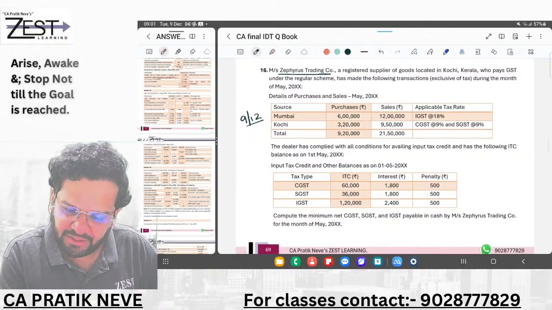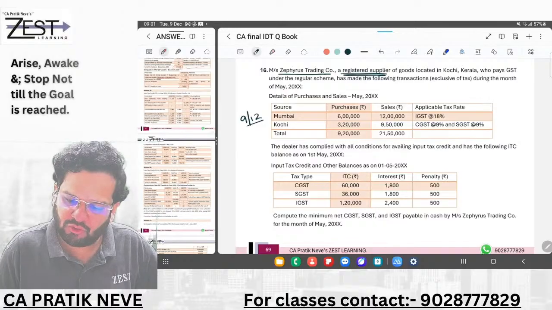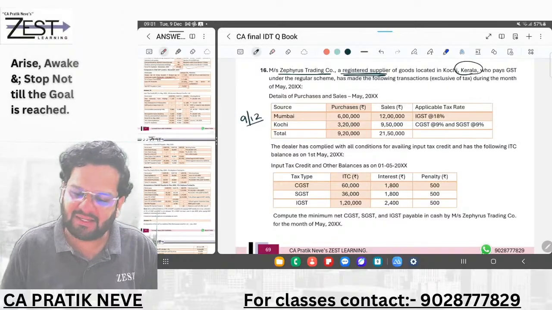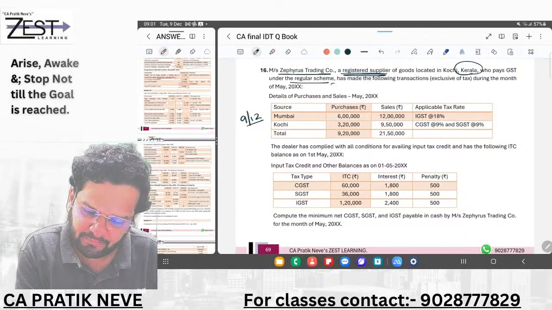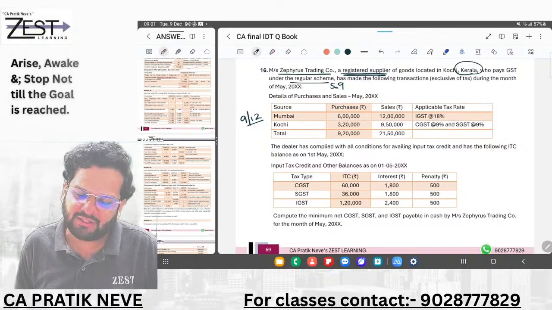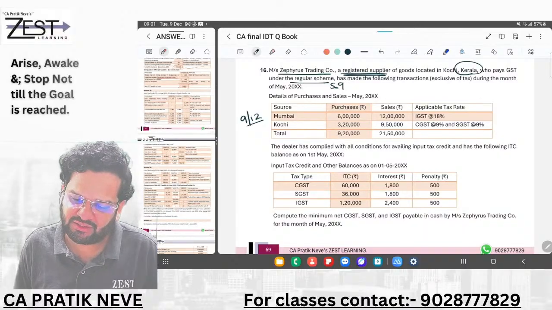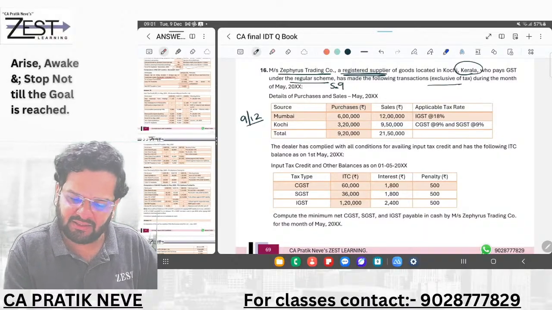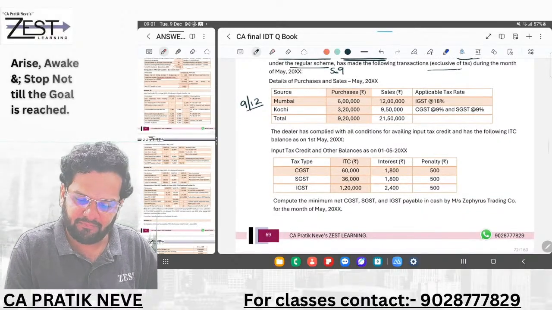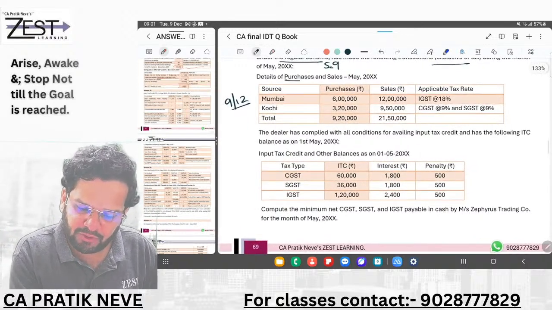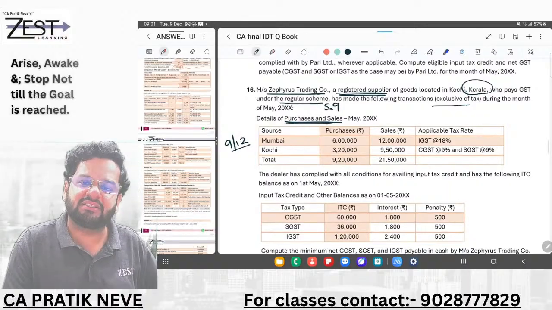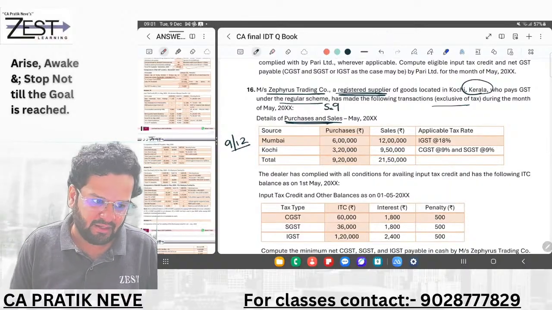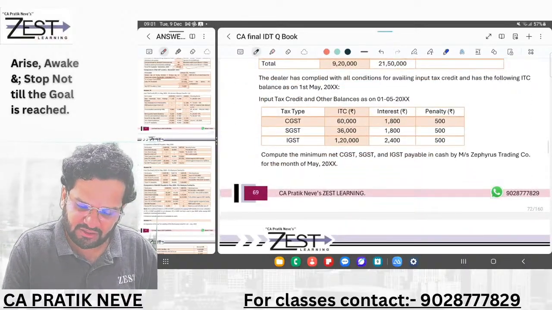Zyprus Trading Company, registered supplier of goods located at Kerala, who pays GST under regular scheme, has made following transactions exclusive of tax during the month of May. Details of purchase and sales is given. Okay, the registered person, that is the supplier, is in Kerala. Accordingly, evaluate the transactions.